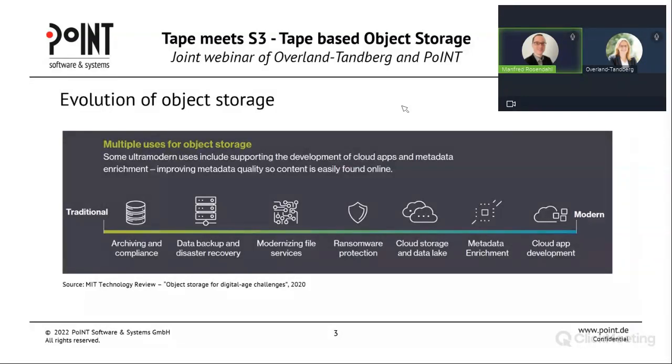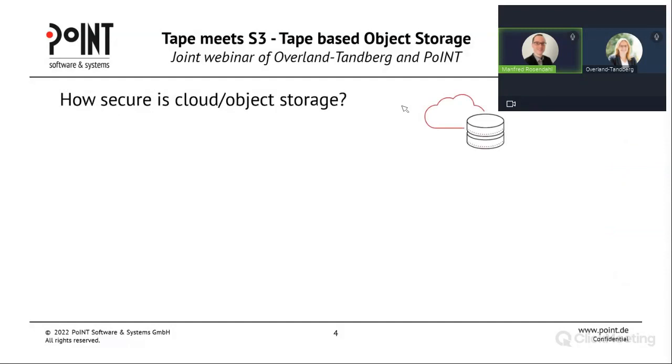And then, of course, you have to ask the question, how secure is object storage? When you have a look at object storage vendors, they highlight the availability. In the technical specs, you will read a percentage representing the system uptime, for example, something like 99.999%.